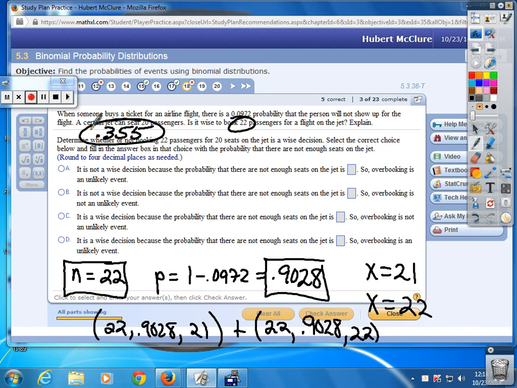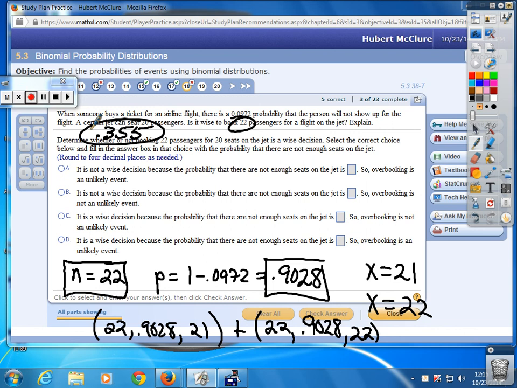That's what it means. So it's not wise, but I don't know which one it's going to be because I always get these wrong. It is not a wise decision because the probability that there are enough seats on the jet is more than 0.05. That's what I would put, but I don't know what they're wanting there.